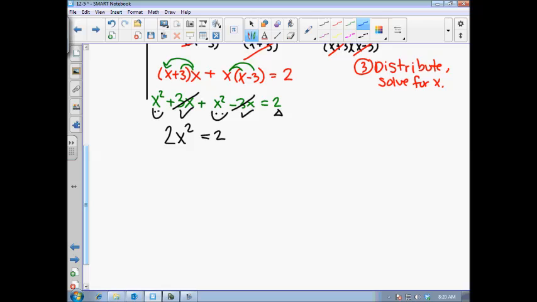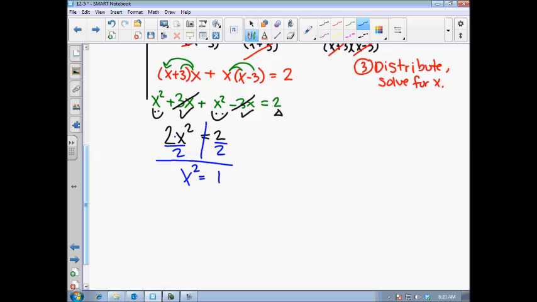How did you solve for x? Solving means get x by itself, right? So how do we move the big 2? Well, it's currently being multiplied. What's the inverse operation? What's the inverse of multiplying? Dividing. So we divide both sides by 2, and we get x squared equals 1.